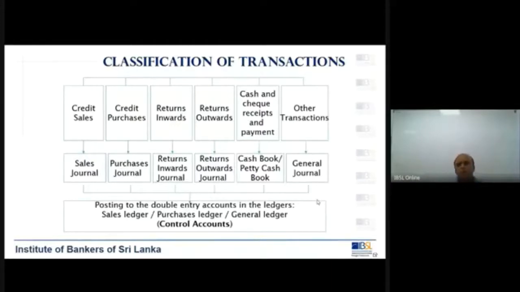So how does it materialize into cash? A transaction can materialize into cash by way of physical cash, or by receipt of checks, or by payment of checks.